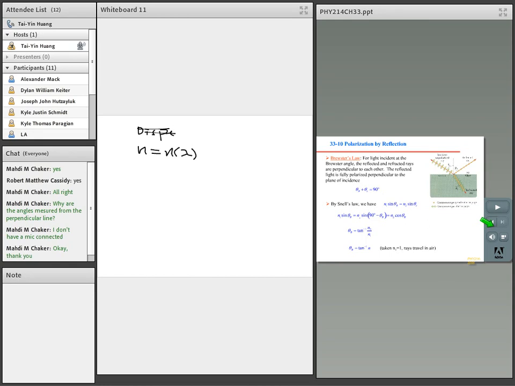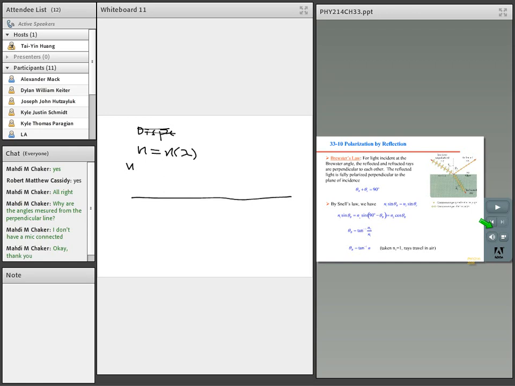So the next thing we're going to talk about is that when you have a light ray propagating through different media, some light may not be able to be refracted. So in other words, let's say you have an interface like this. This is our interface, and this one we call N1.